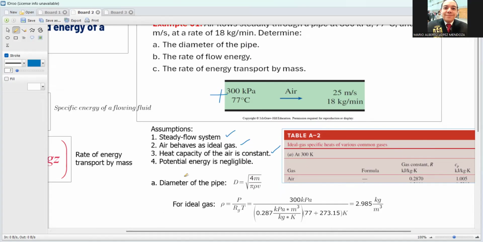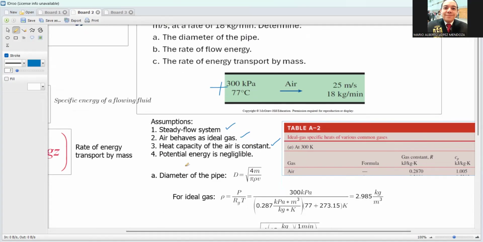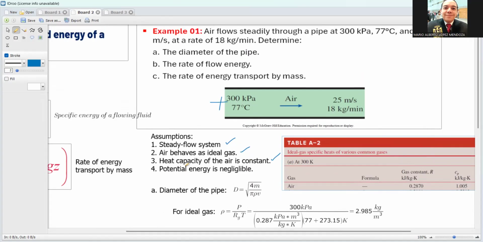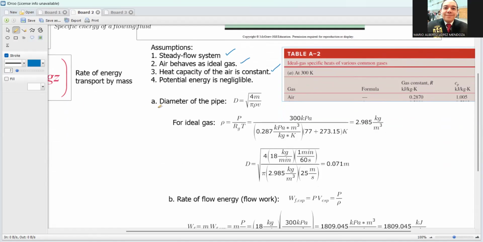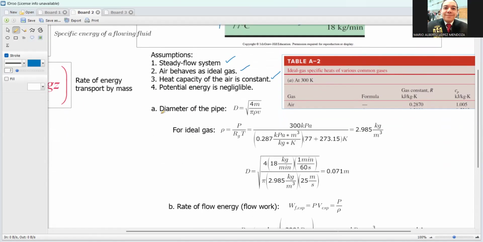Here we need to recall the concepts and definitions that we discussed in our previous topic. In this case, we start by estimating the diameter of the pipe.